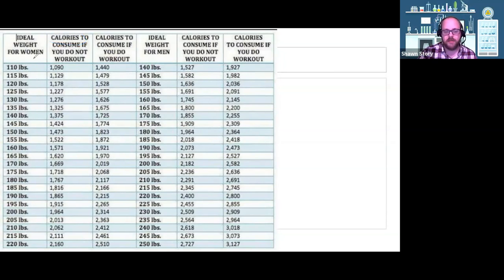We know that based on a person's weight, to maintain that weight, this is the range of calories they should be eating based on how active they are. If they are not very active, they have that lower number. The more active they are, the higher number. And they need to stay in this range to keep that body weight. So this is a scale, a chart that we often use working with patients and clients.